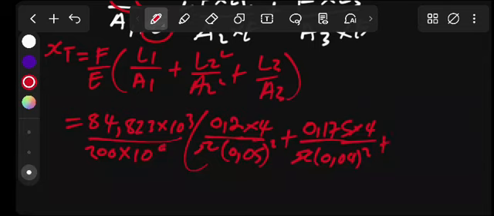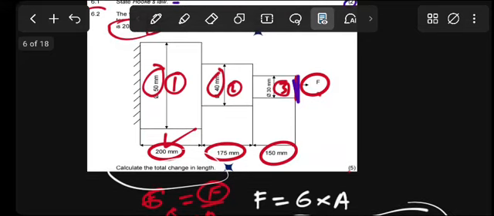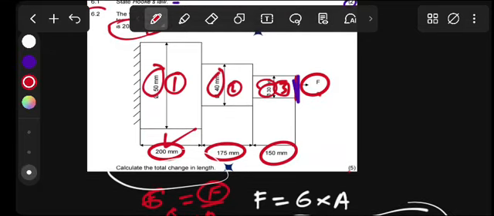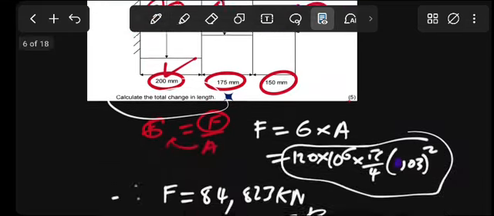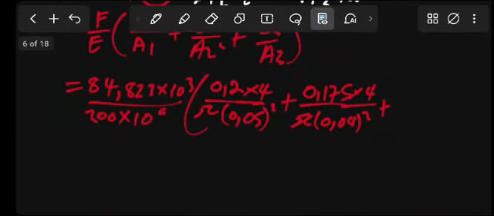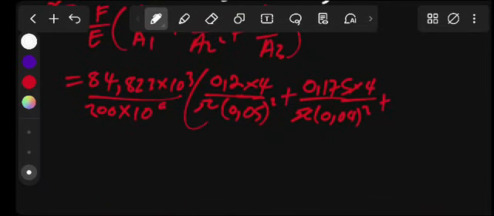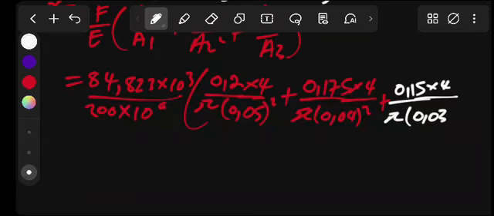Alright, plus now the length of that section. We have the diameter is 30, the length is 150. So the length is 150. It's the same as 0.15 divided by, multiply by 4, divide this by pi times 0.03 squared.